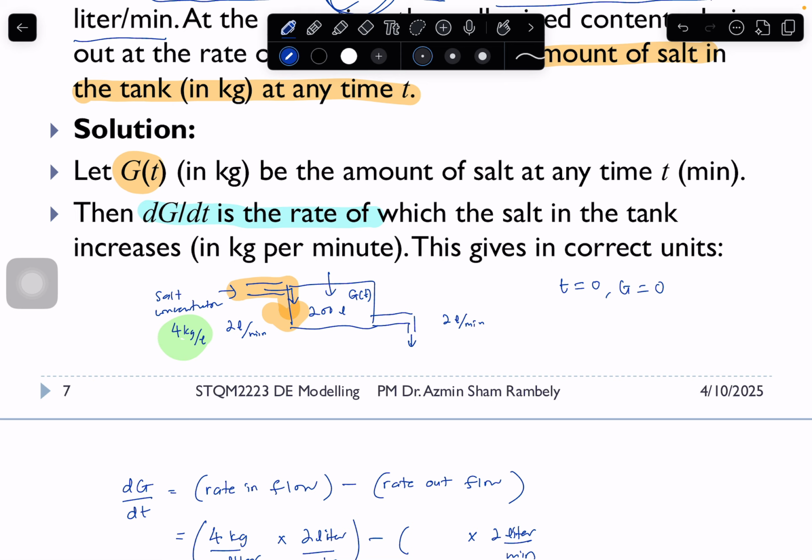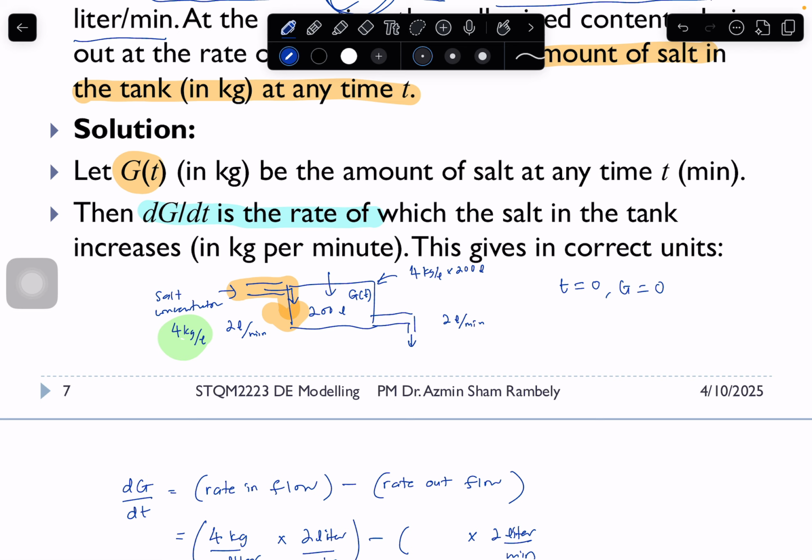Whatever the amount in the tank before we drain it out, it is 4 kilogram per liter multiplied by 200 liter. But that is the amount of salt. When we drain it, we don't know how much of this salt is being drained out.